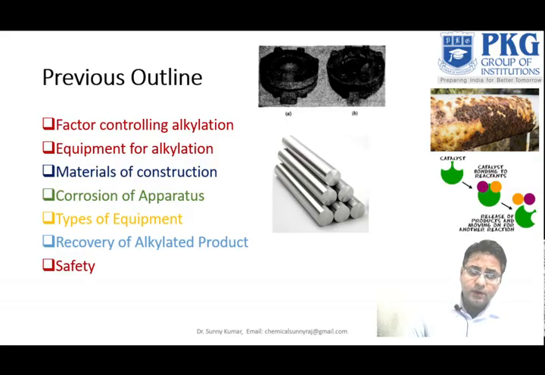So this is what we discussed in the previous lecture, and we also know that for the equipment we use steel, but steel is not enough, so we have to coat it with another layer, which is generally called lining. So monel lining or enamel lining. Monel is based on two to three materials, nickel and iron, and cobalt, I think.